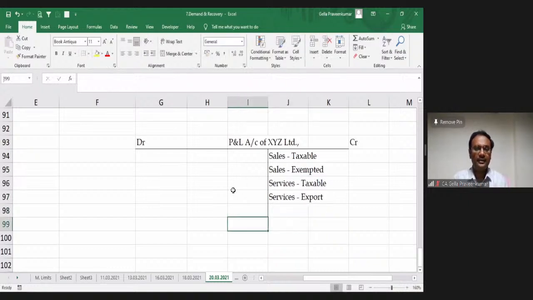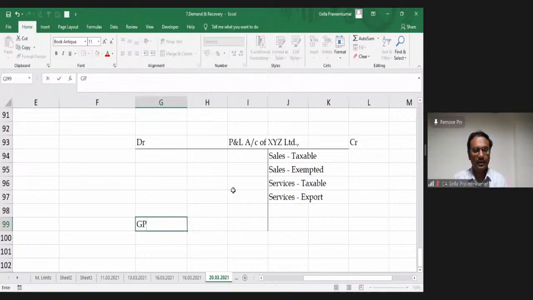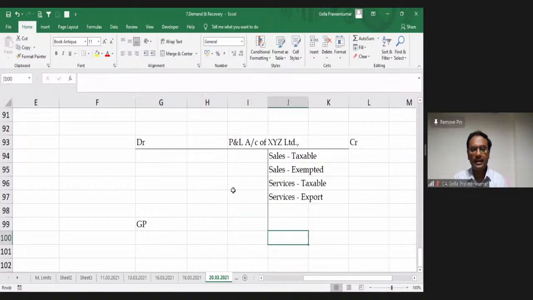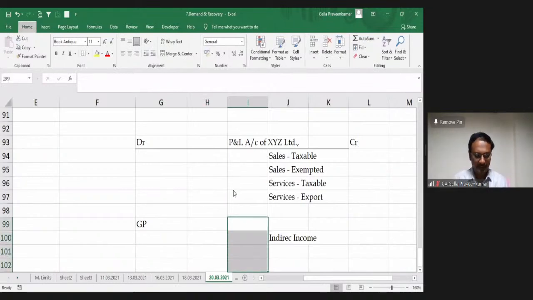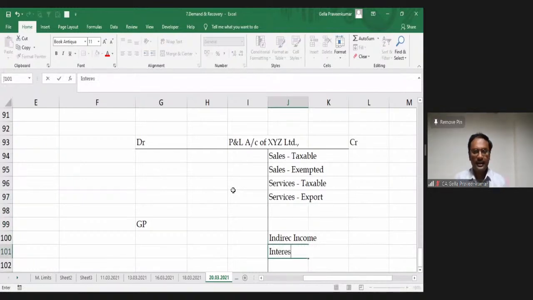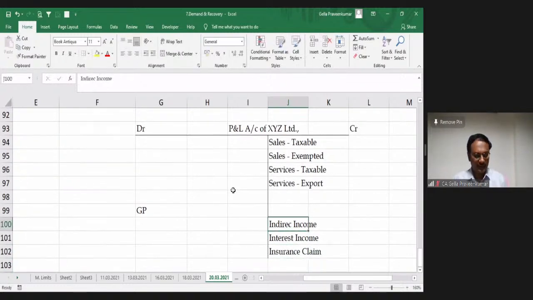Then you have your gross profit or gross loss. Here you have indirect income. What is that indirect income? If I look at my indirect income, say I have interest income, I have insurance claim, I also have something called discount received.